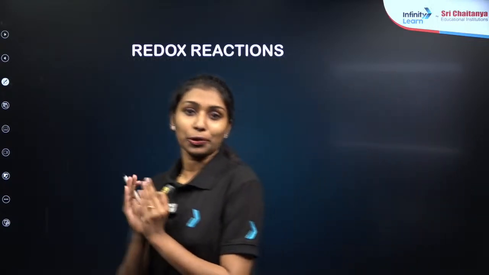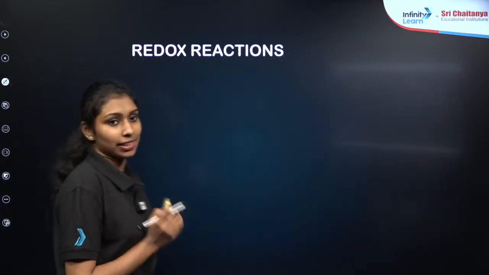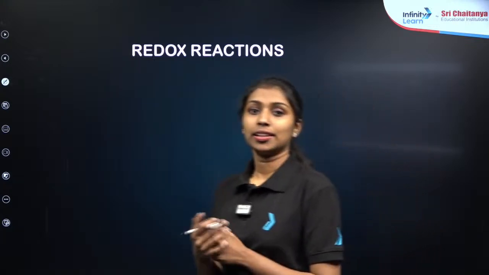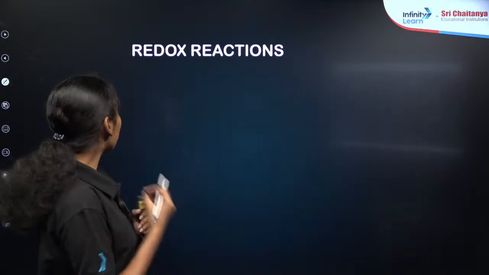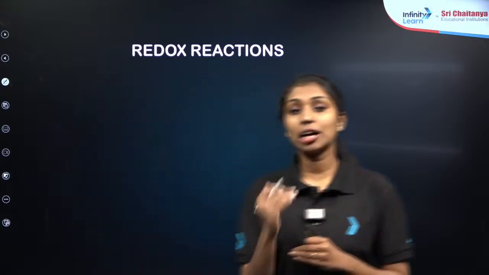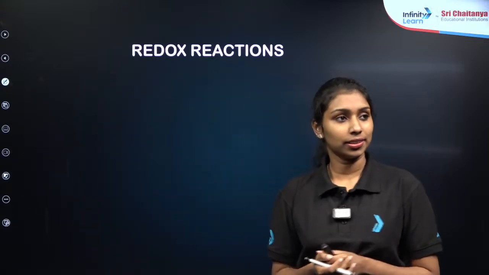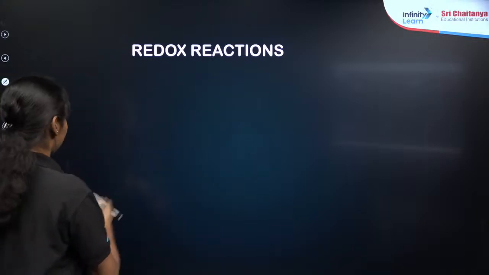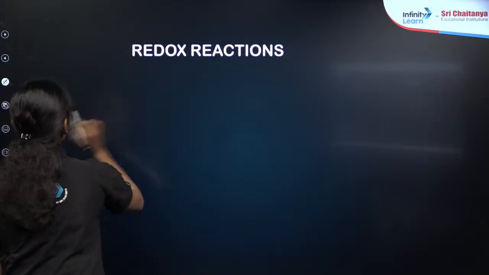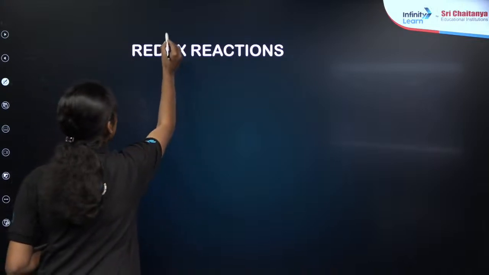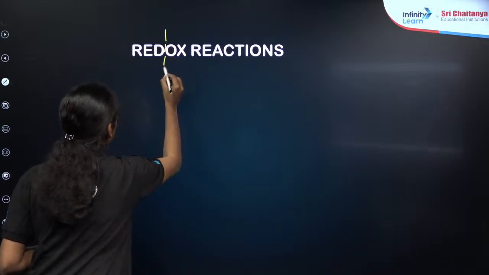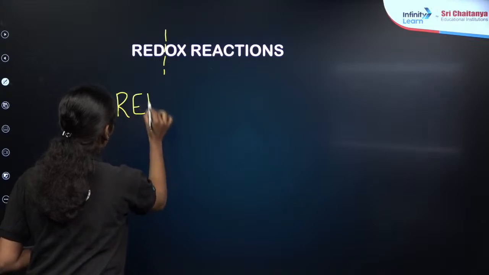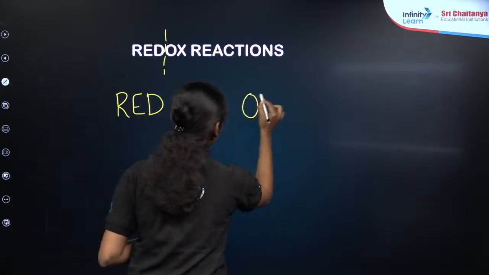I have a question for you. What do you mean by a redox reaction? Whenever you see or hear about the redox reaction, what comes to your mind? If I split the word redox into two parts, it is written as red and ox.